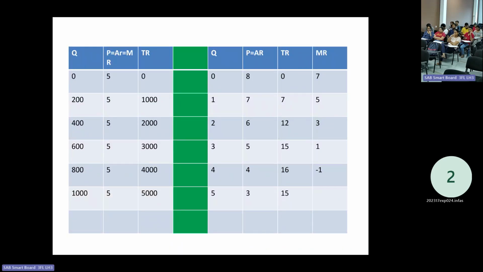The fixed price case is the perfectly competitive market; variable price is the imperfect market. In the fixed price case, price equals average revenue equals marginal revenue, and the total revenue becomes linear. But in the imperfect market, price varies, total revenue becomes non-linear, and marginal revenue is different from average revenue.